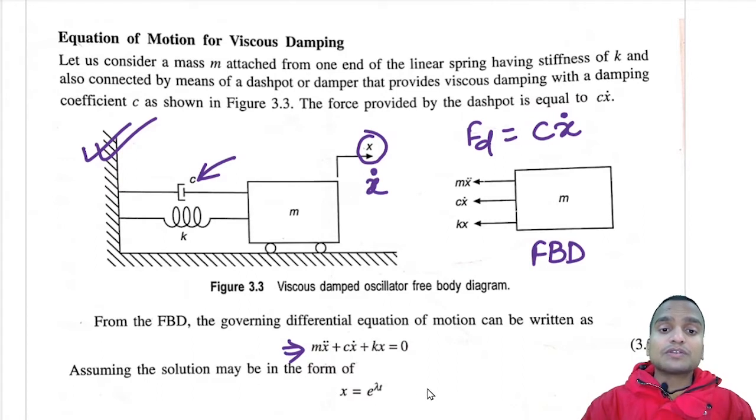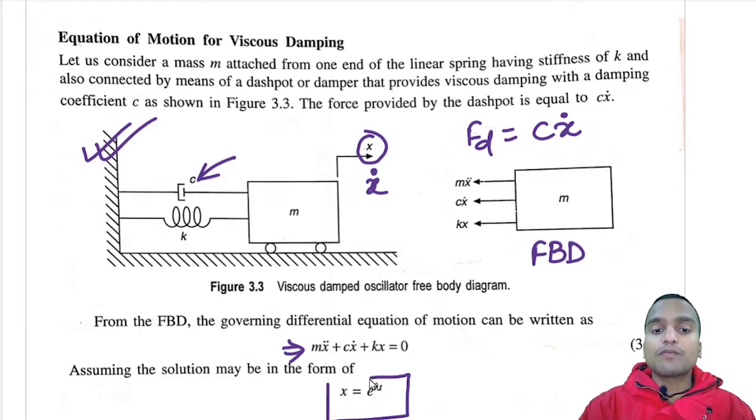Here one term which is coming additionally is c x dot. Why? Because of the presence of the dashpot, okay? Now we assume a solution of the form x equal to e to the power lambda t. Where does this come from? It comes from solving this type of linear differential equation.